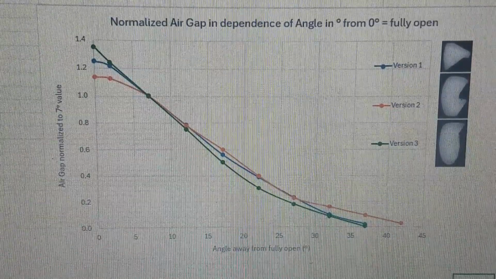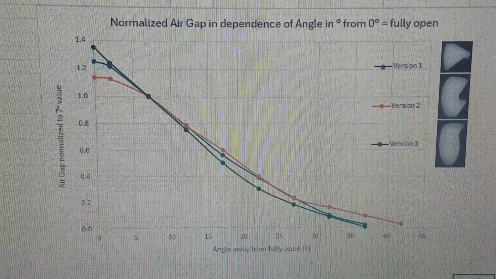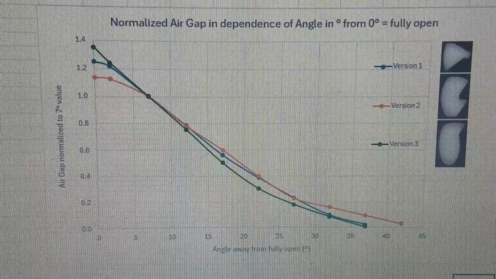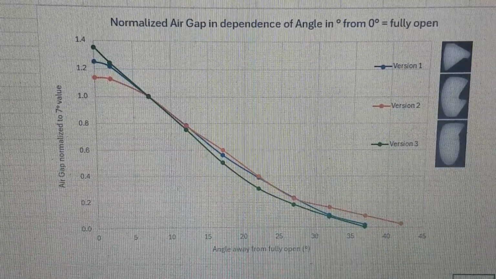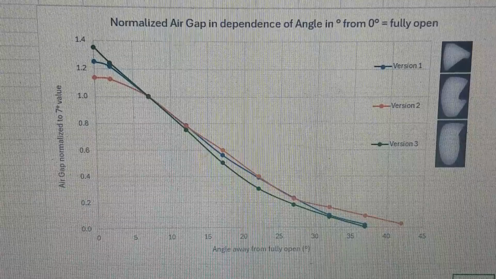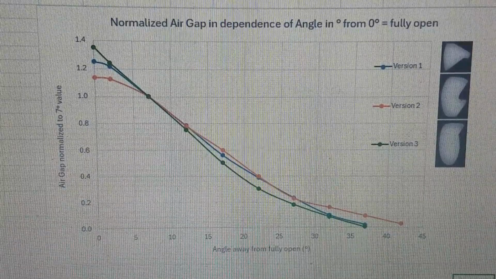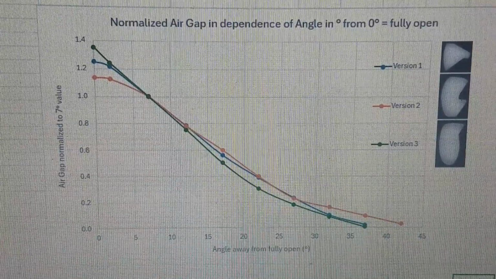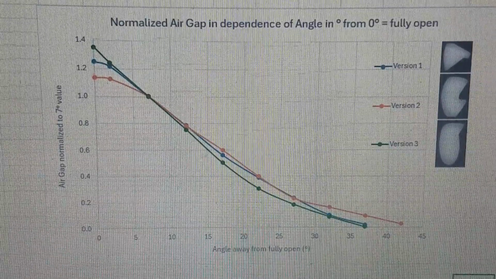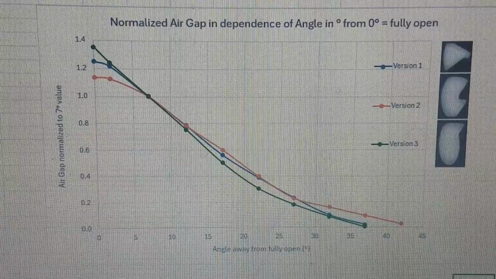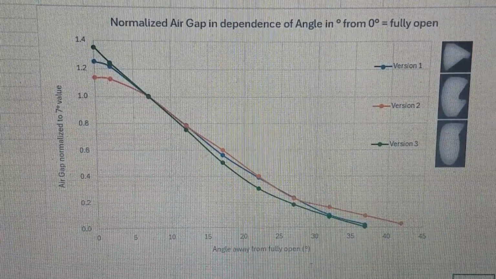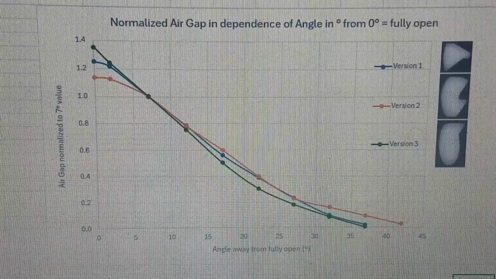So as I said, I think pretty much they are all equivalent, but there is some fine-tuning in what the opening, the actual air gap is over the rotational angle. But from the absolute values, as I said, I would think that you are probably going to be able to replace a version 1 with 2 and 3, but not necessarily the other way around, because version 1 would not give you enough air gap for cold start and warm up.